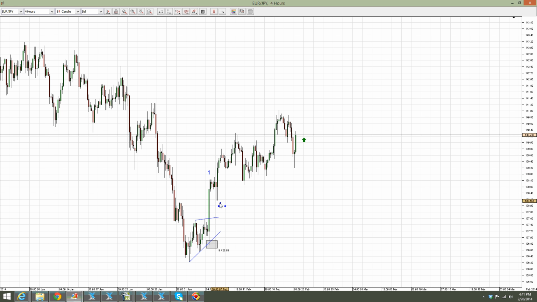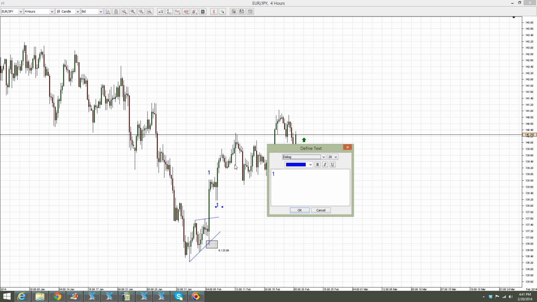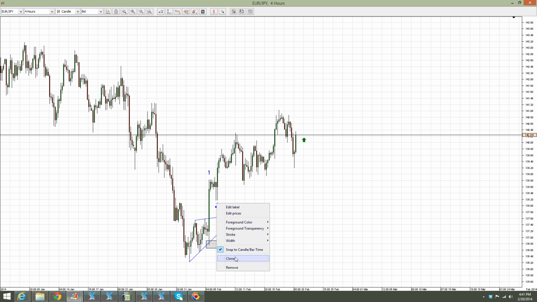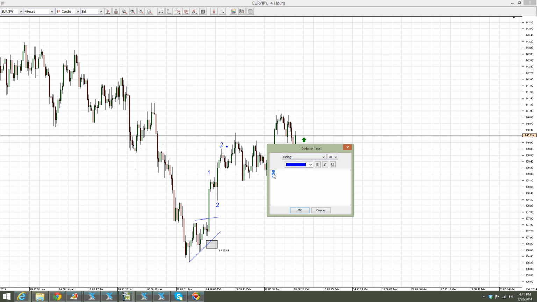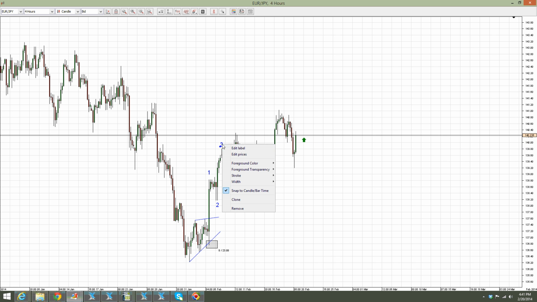then the second wave here, 1, 2, three, 4, but as you can see, the fourth is this one here, A, B, C, so the fourth.